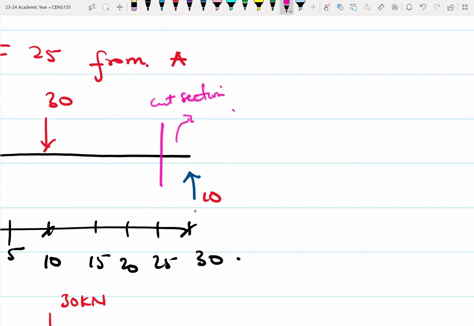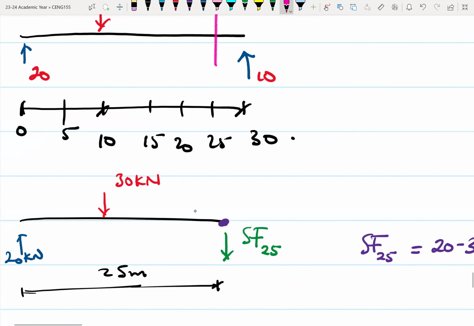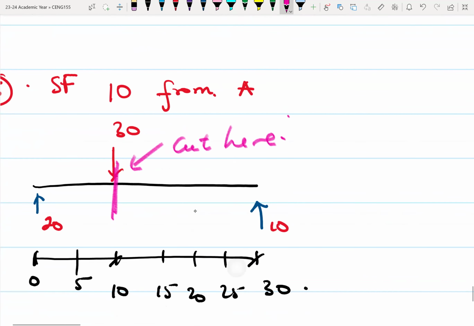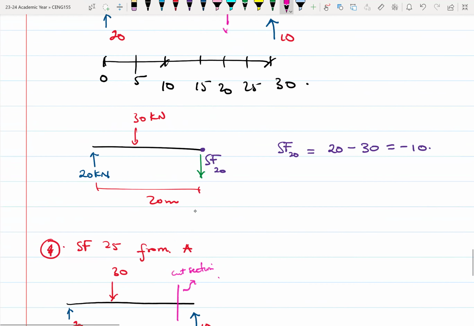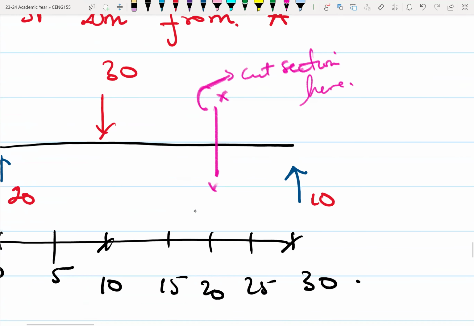Okay, let me just not draw it straight. It's just an arrow to show us that we are cutting over here, please. Yeah, I know the arrows and forces look very similar.